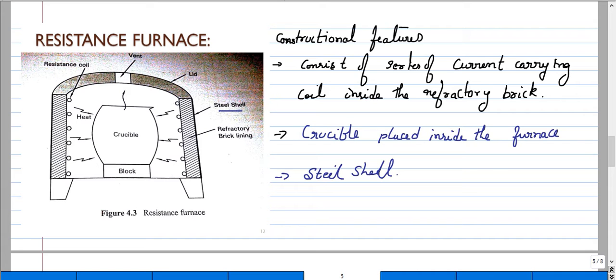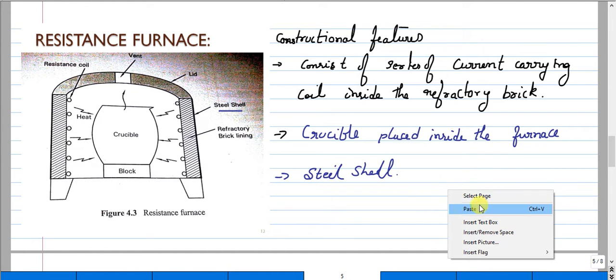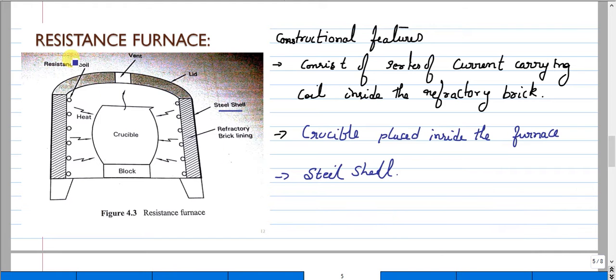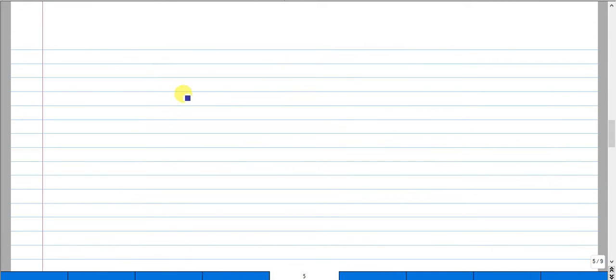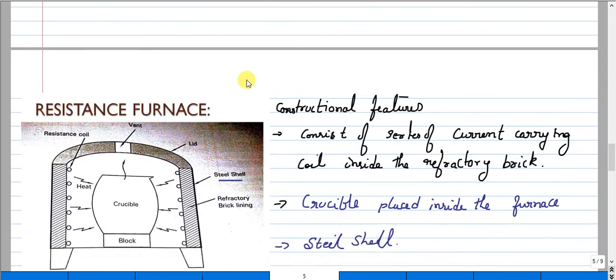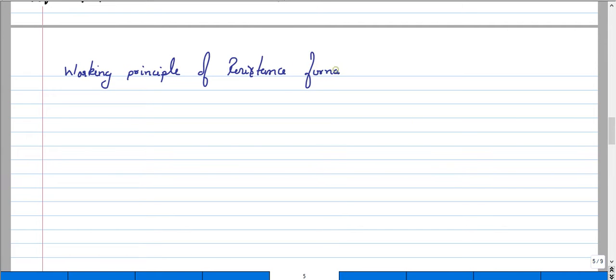So let me take a new page. I will write down the working principle of resistance furnace. See, when the current is switched on, what will happen?